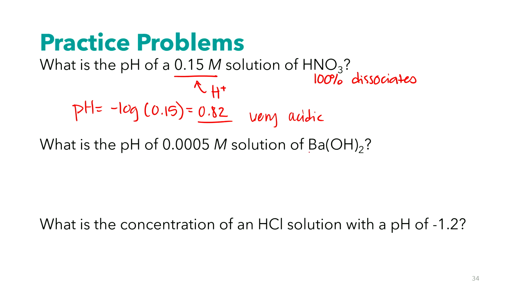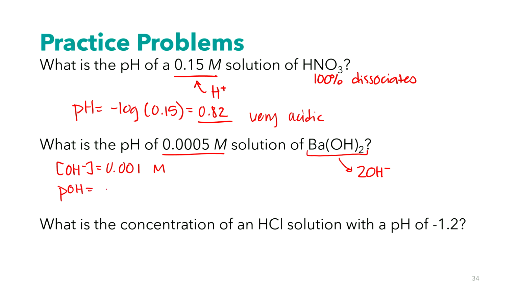Key here, we are dealing with a base that will generate, when it dissolves, 2 OH minuses. This concentration is for that whole salt. So my concentration of OH minus in solution will be 2 times this value. So I'm going to have an OH minus concentration of 0.001 molar. I'm going to do it the other way here.